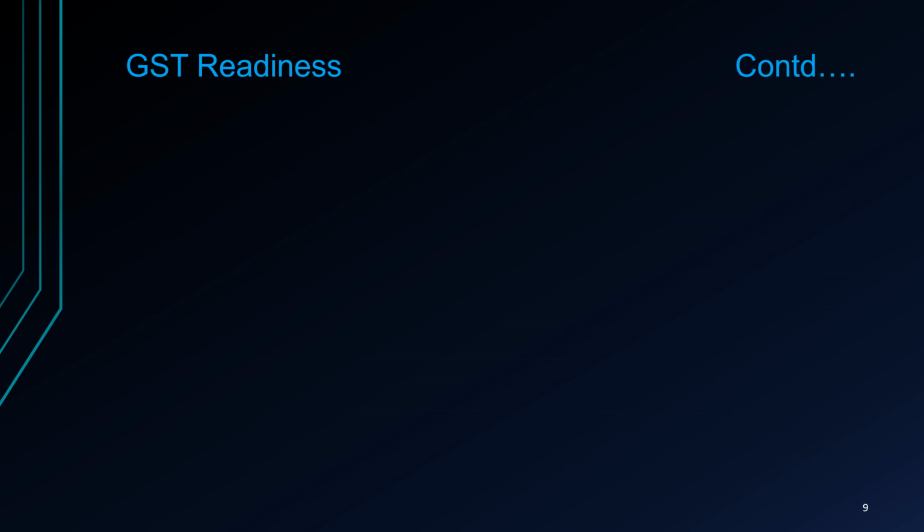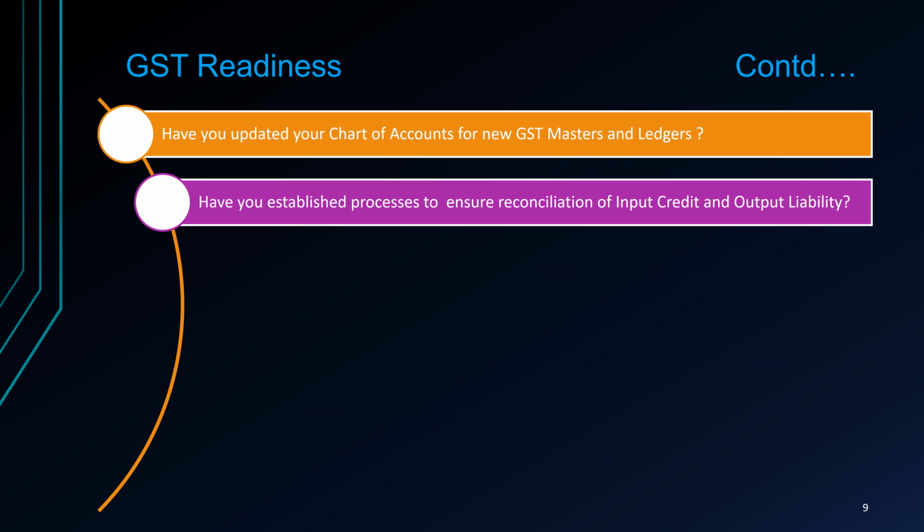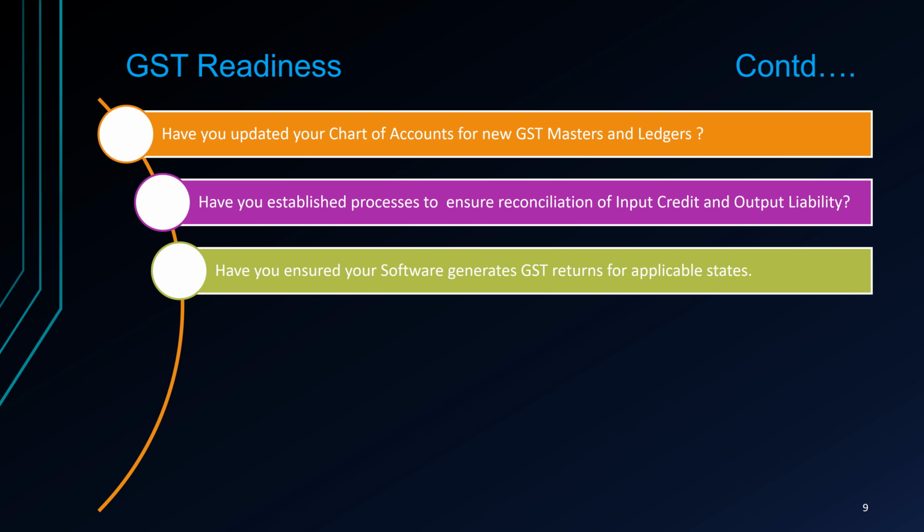Has that been configured? Has the chart of accounts been lined up with the new GST masters and ledgers for filing? Are the ledgers created sufficient to help in filing your GSTR 1 and 2? Do you have an established process which enables you to match the input credit and the output liability?